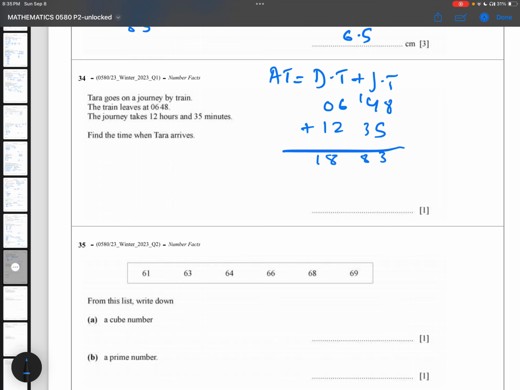So if I give 60 minutes, meaning 1 hour, to this 18, it becomes 19. And let's subtract 60 minutes from 83, it becomes 23. So this is my arrival time now, 1923. Okay.